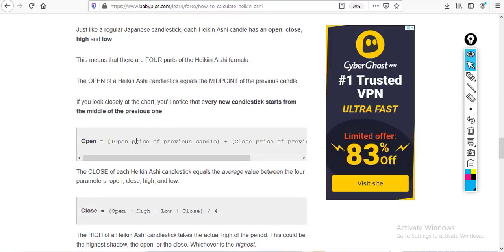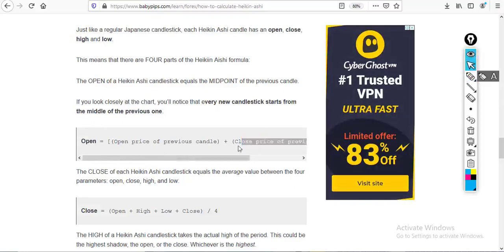So how do we calculate it? Let's take a look at the open. The open of the Heikin Ashi is the sum of the open price of the previous candle and the closing price of the previous candle, divided by 2. That will give you the open of the Heikin Ashi.